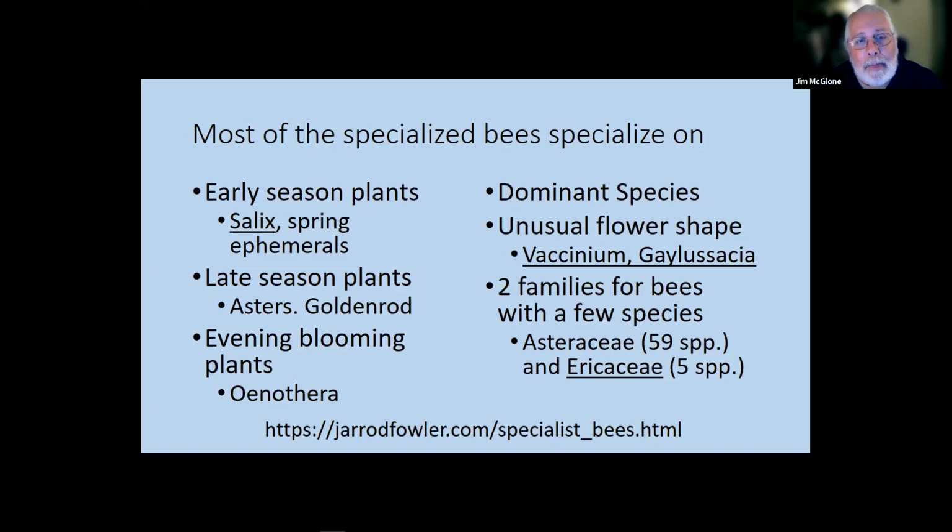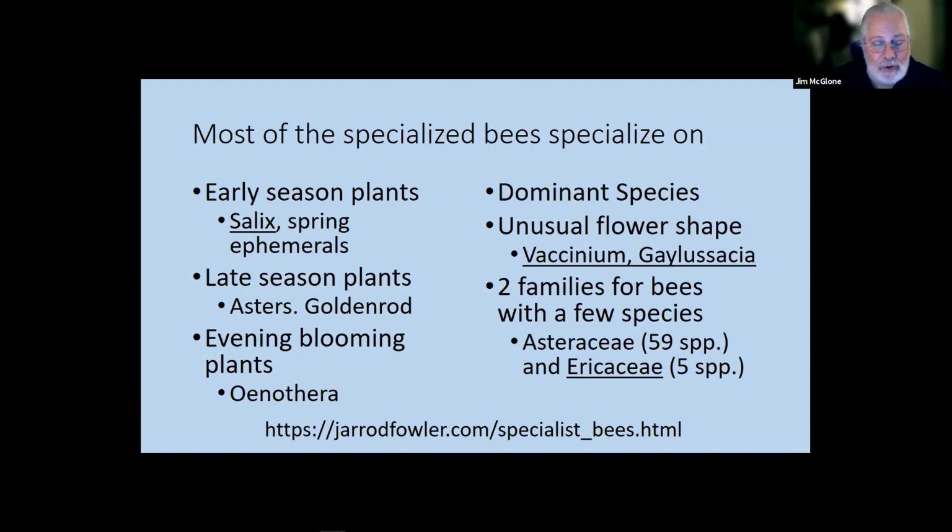But what he found was that most of our specialized bees specialize on either early season plants, things that bloom in March, so we're talking about the willows and also spring ephemerals, or late season plants like asters and goldenrod that are just starting to bloom.